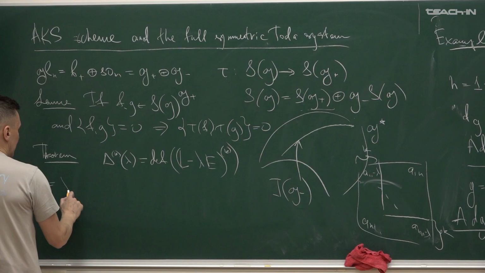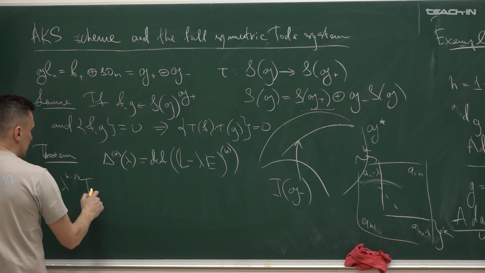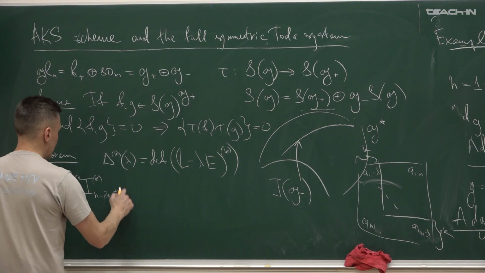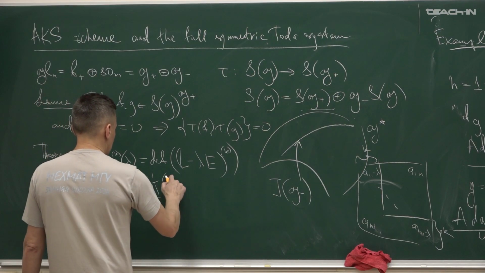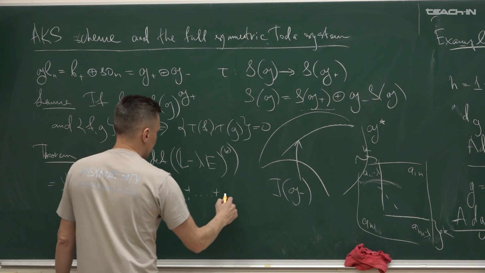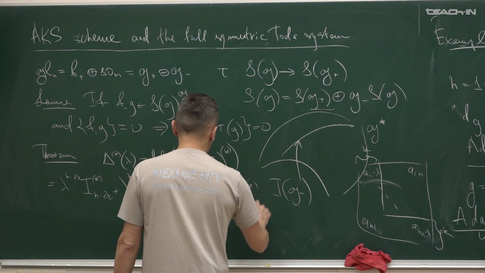It is lambda to the n minus 2k times e_k, n minus 2k, plus lambda to the n minus 2k minus 1 times e_k, n minus 2k minus 1, plus etc., plus lambda to the 0 times e_k 0.